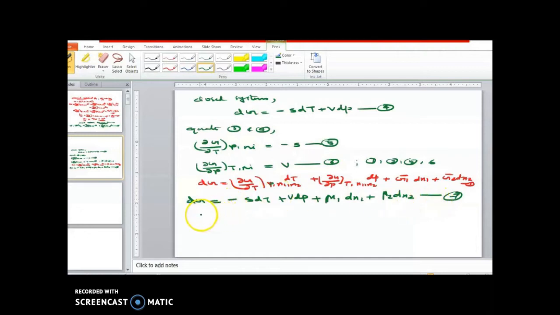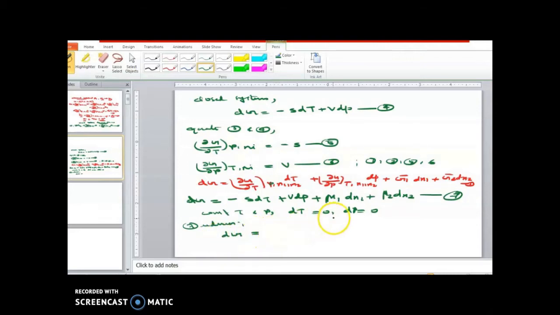Now we are going to apply conditions of constant temperature and pressure. At constant temperature and pressure, dT will be equal to 0 and dP will be equal to 0. So equation 7 reduces to dG at constant temperature and pressure.